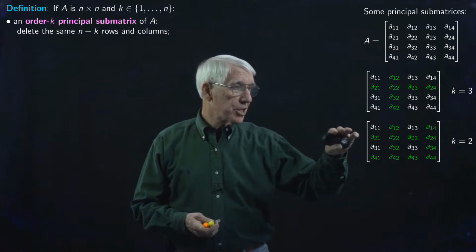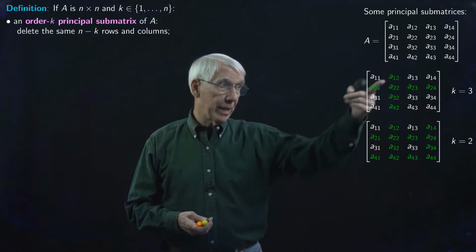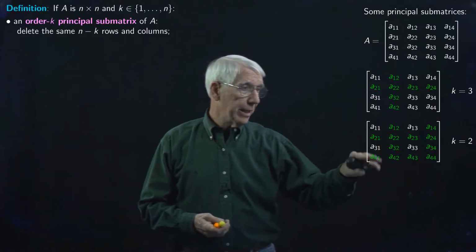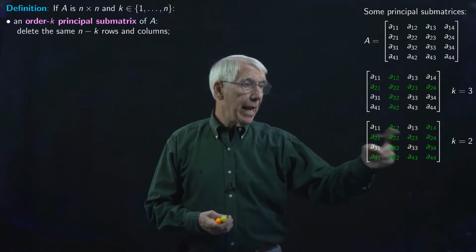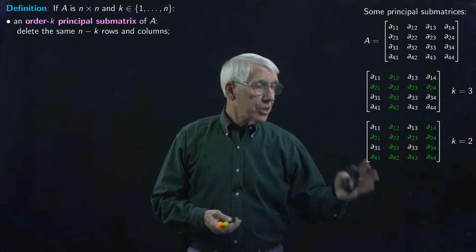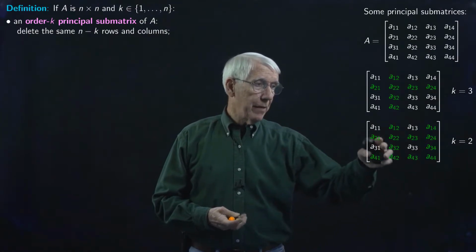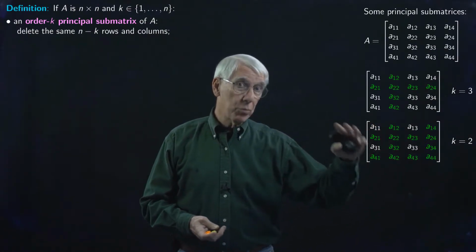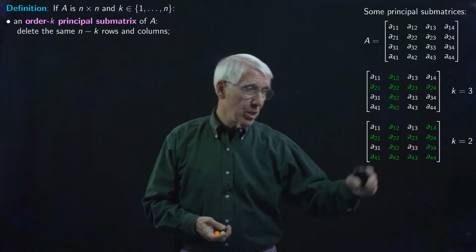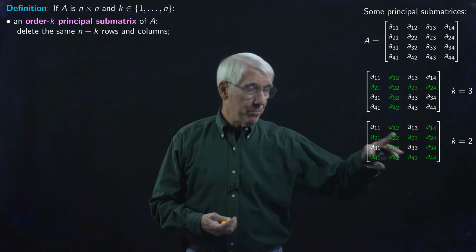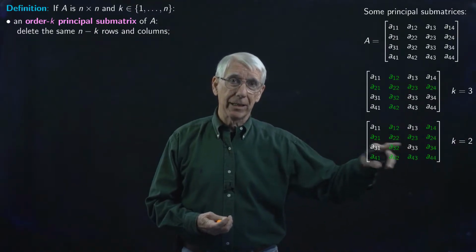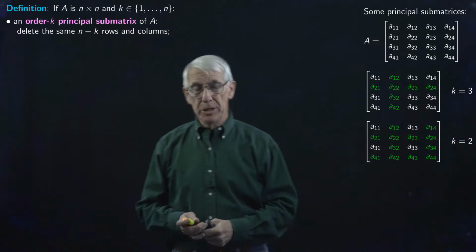I've deleted the second row and the second column, just like in the first case, and I've deleted the 4th row and the 4th column, leaving me with just a 2 by 2 submatrix. And notice that the submatrix in these principal matrices always contains diagonal elements and pairwise twin off-diagonal elements.